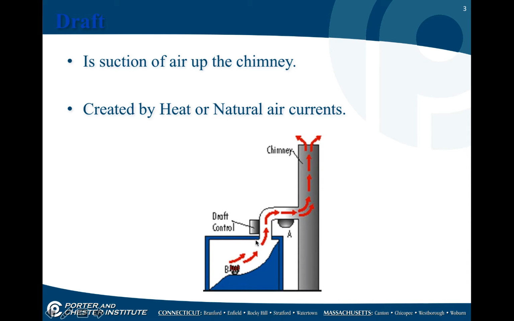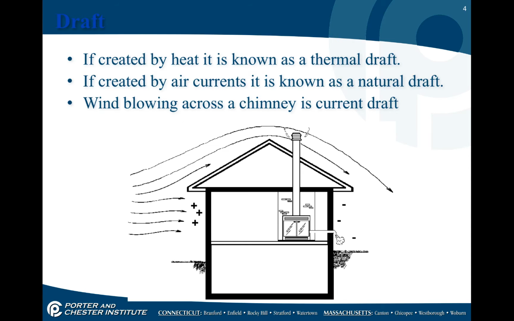It's created by natural air currents where the heat rises out of the chimney and the cooler air comes in to replace the air that's removed. Chimneys are not smart things. They don't know that they're supposed to draft up. They don't know they're supposed to be removing the carbon monoxide and other products of combustion from the building, but they do know that it is a straight path to the outside world.